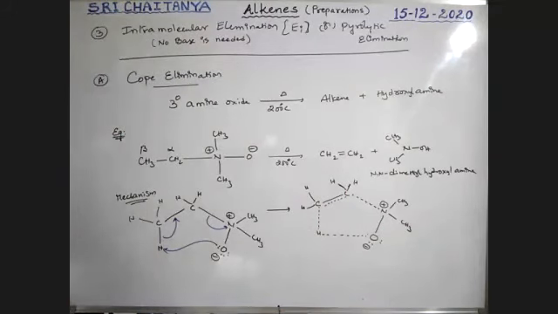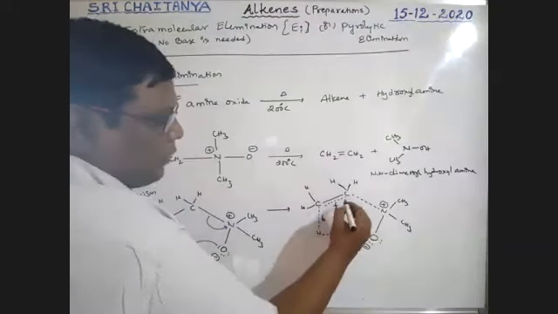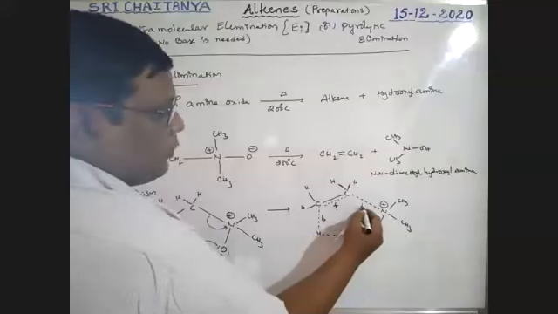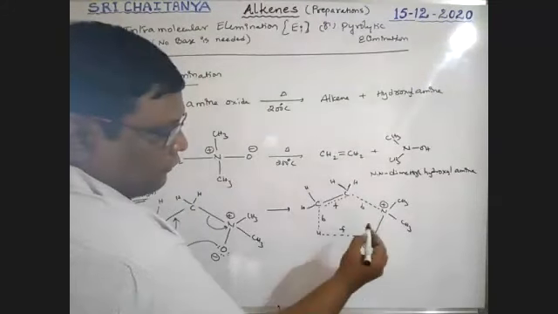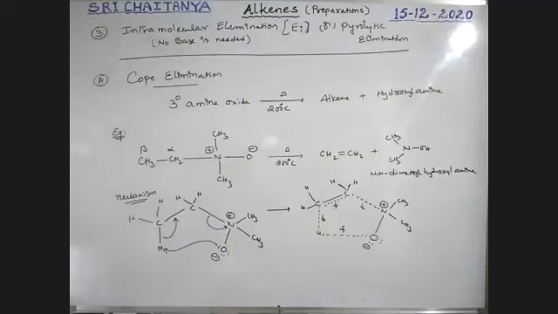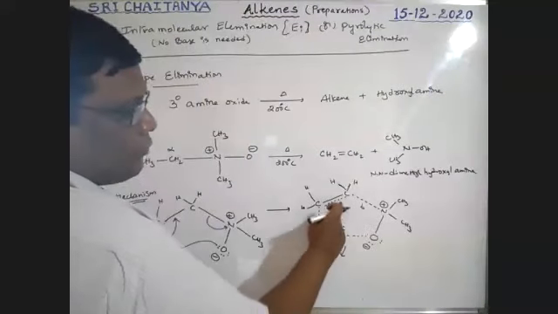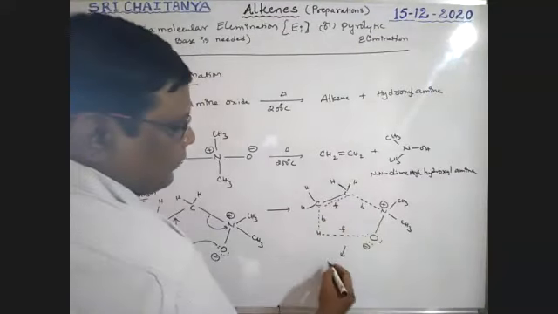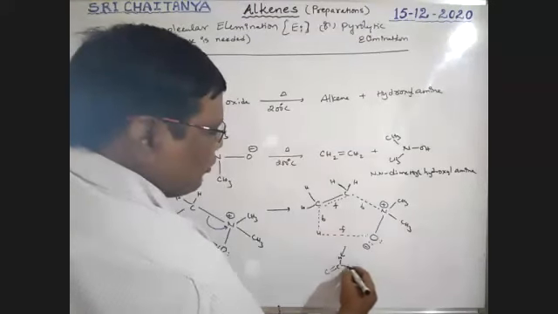Okay. So very, very important. This is a cyclic transition state. Here a bond is breaking, here a bond is forming, here a bond is breaking. So 2 bonds breaking, 2 bonds forming. Now it is readjusted, boys. This hydrogen is attached here. That means the product is a C double bond C with the 2 hydrogens.